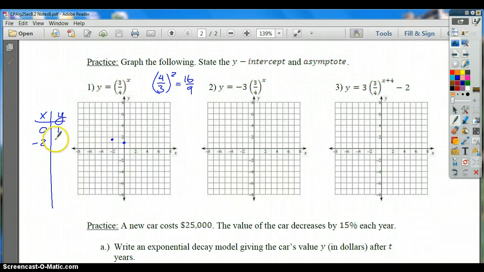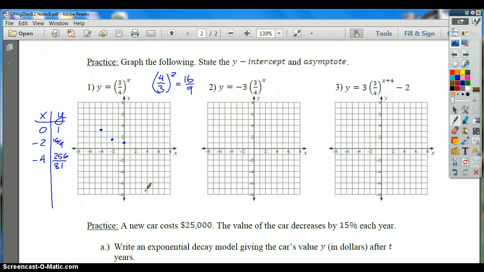If I plug in negative 4 and I have 4 to the 4th, well that's fun, 256 over 3 to the 4th, which is 81. So 81 goes into that about, let's say 3 times. So this is going to be about 3, a little bit past 3, right about here.